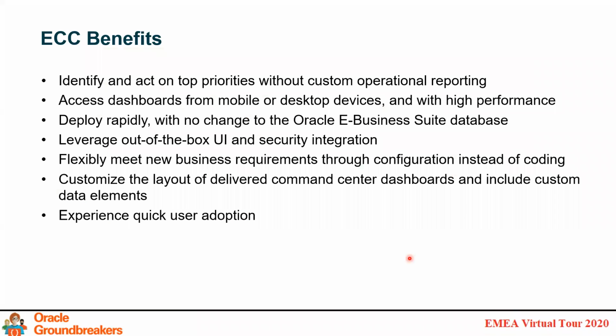The major benefits of ECC are: identify and act on top priorities without custom operational reporting; access dashboards from mobile or desktop devices; and deploy rapidly with no change to the E-Business Suite database. We are not directly interacting with the Oracle EBS database, and we leverage the out-of-the-box UI and security integration.